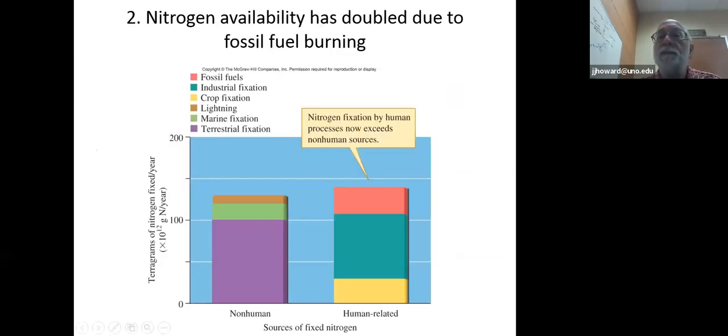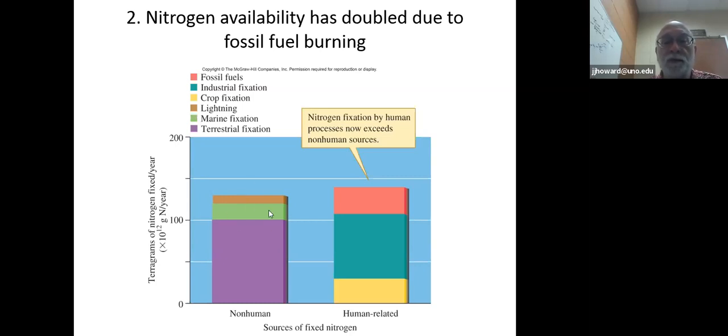Let's turn our attention to the third one. We're going to talk about climate. We're going to talk about nitrogen budget and land use. So nitrogen is the third one. It's important to understand that the natural nitrogen budget has these sources. Lightning fixes nitrogen into the soil. Marine processes fix nitrogen.